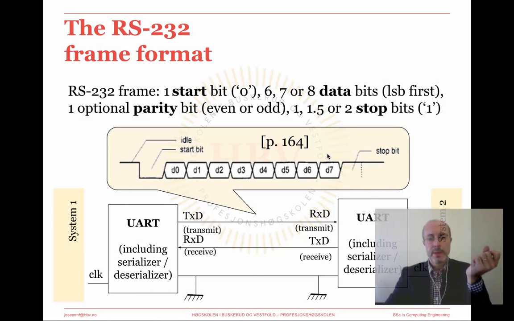Well, to answer this question, we need to know the frame format that is used in the RS-232 standard. And as you see in this slide, transferring 8 bits of data does not mean that we will send only 8 bits.